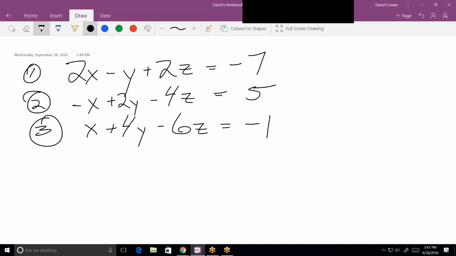And incidentally, whenever you get these problems with 3 variables and 3 equations, you're always going to want to use elimination, never substitution. It's not that you couldn't use substitution, it would just be a lot harder. Elimination is really easy here. And so I have never seen a problem with 3 variables and 3 equations that you solve by substitution. It's always elimination.